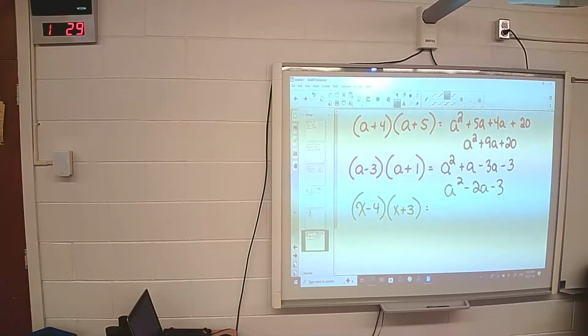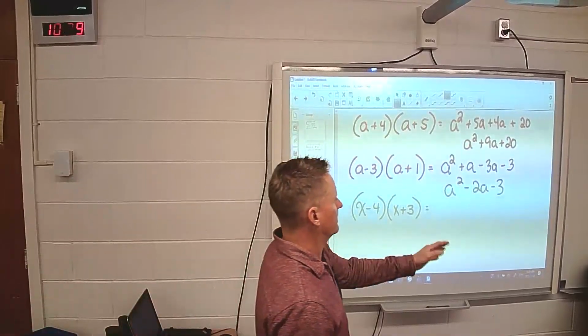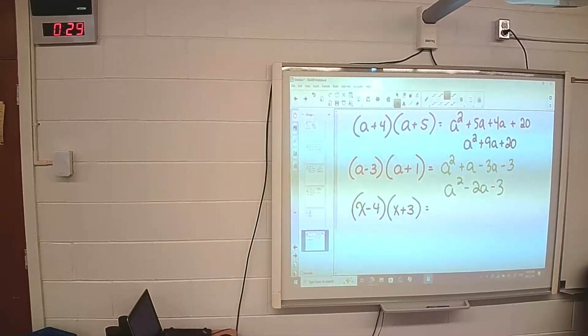So it's actually pretty easy if you just look at it and there's nothing in front of the x's. That makes it simple. Okay, so write that out right now. Middle term. Write out the whole solution for this product. Lily, you wrote it down?